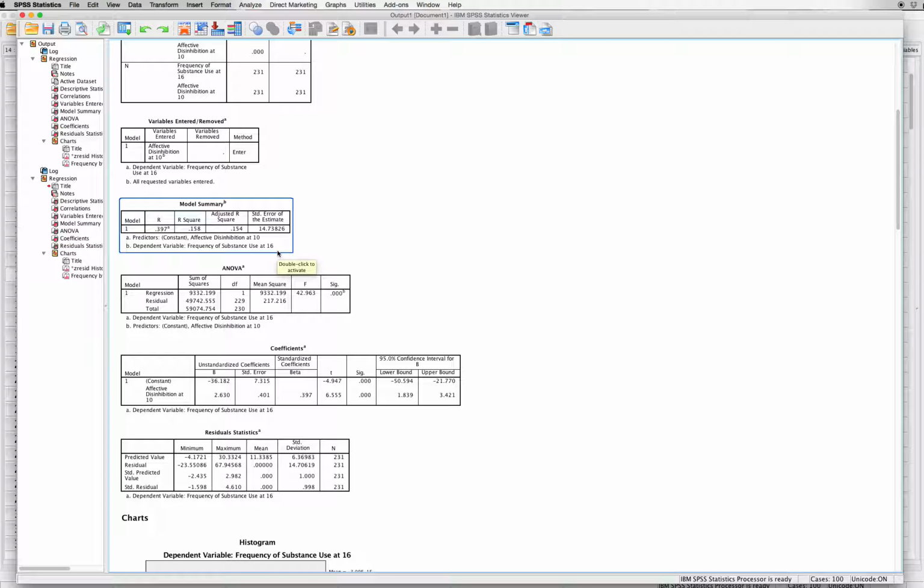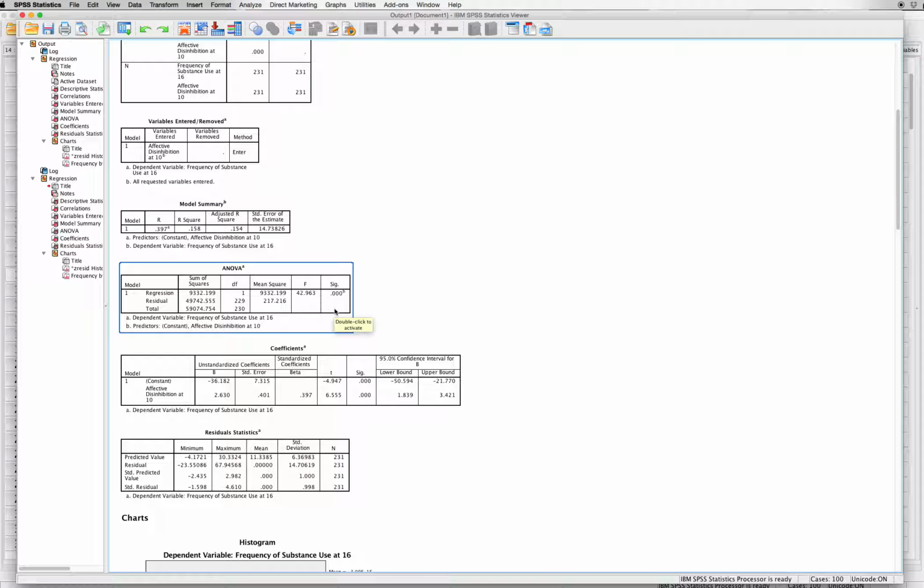This one gives us the most important statistic for us here, the R-square value, which tells us how much of the variance in our dependent variable is explained by our independent variable, which is 0.158. We typically convert this into a percentage, and we would say 16% of the variance is explained by our IV here. So you would report that.